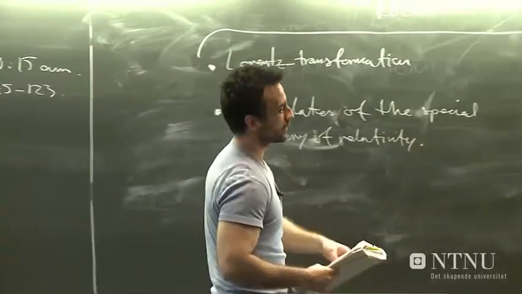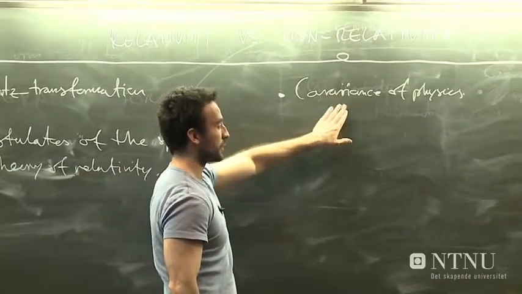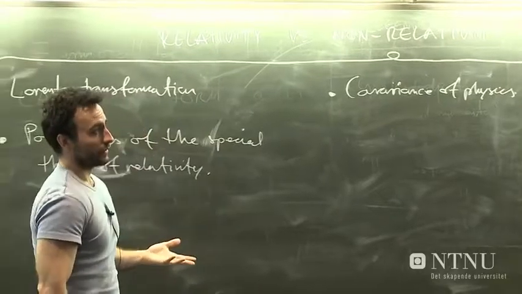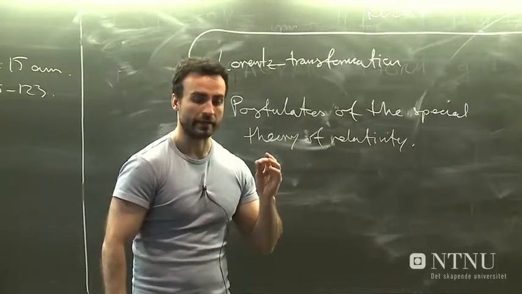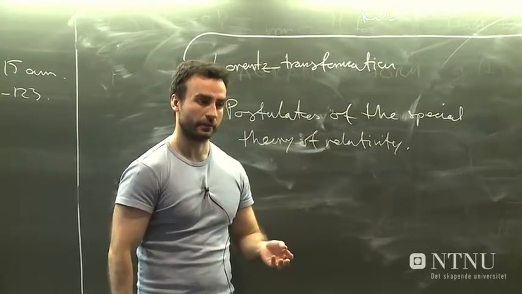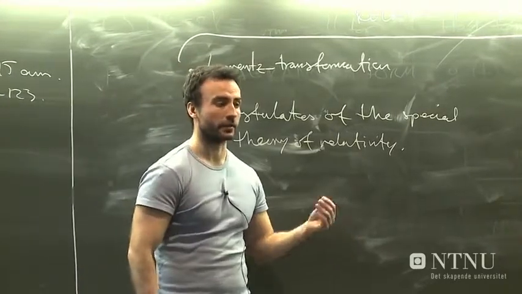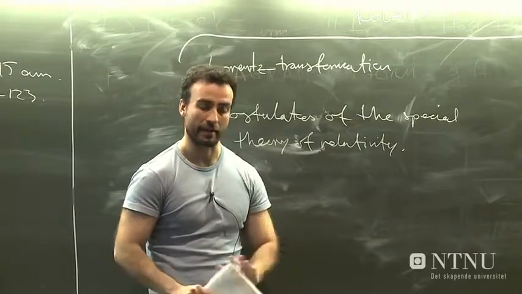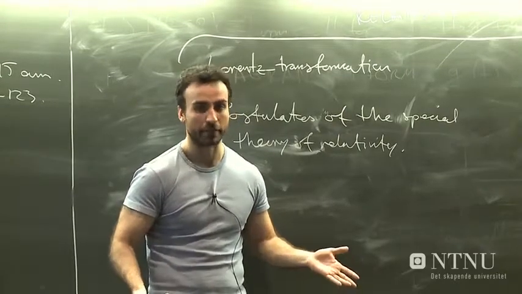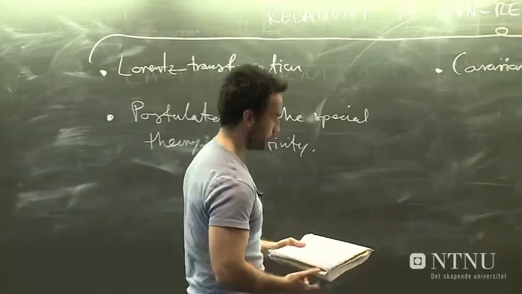Let me just remind you also that there are unfortunately two sort of uses for the term covariance. One term relates to this invariance of physics, the other is related to covariant and contravariant vectors, which have nothing to do with this. So this is a bit unfortunate, but you need to be aware of it.